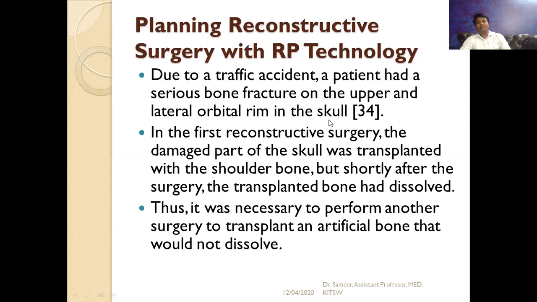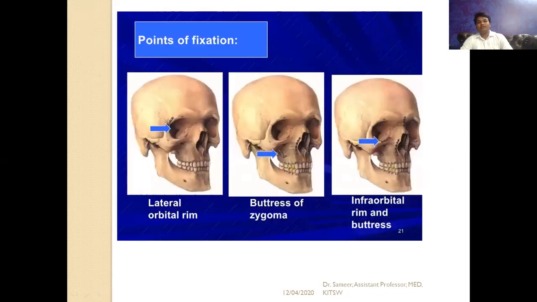Here we are seeing a patient who had suffered a traffic accident and was seriously injured with a bone fracture on the upper and lateral orbital rim in the skull.